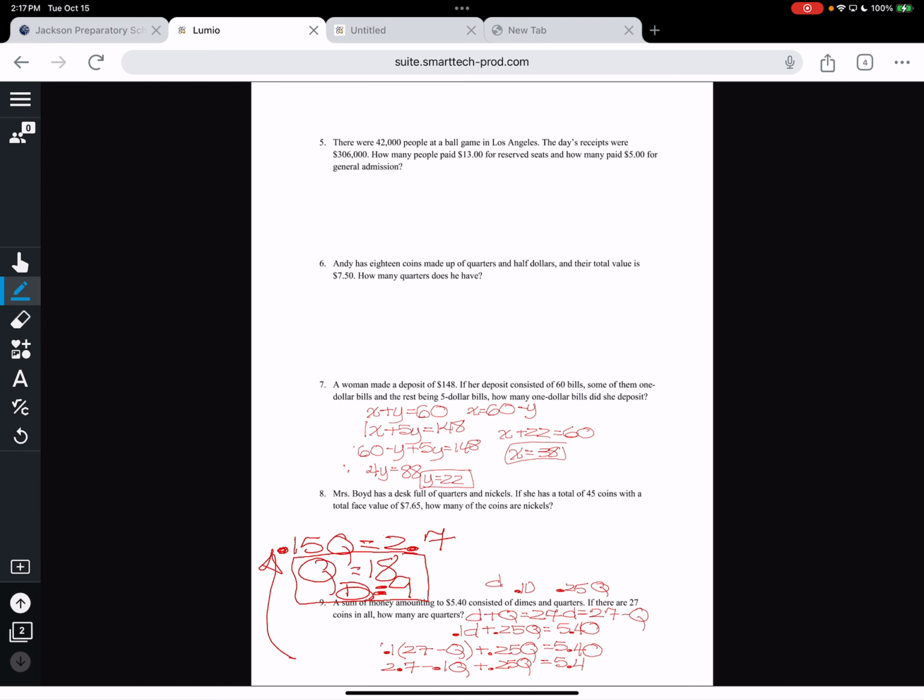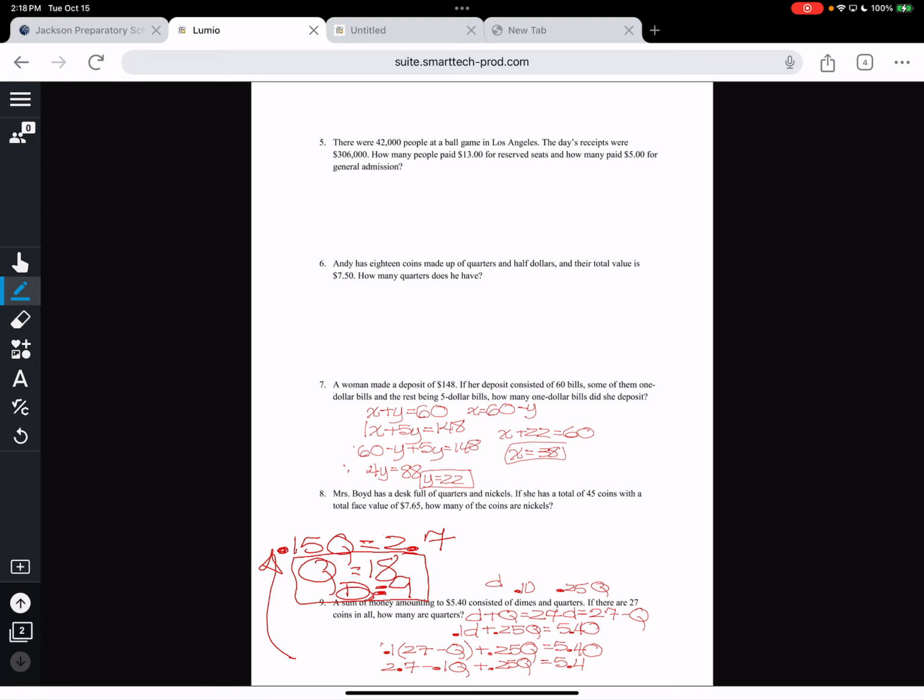Number 5 is just like that with all the people; we're going to find reserve seating and general admission. Number 6: Andy has 18 coins. What's a quarter? 0.25. What's a half dollar? 0.5.